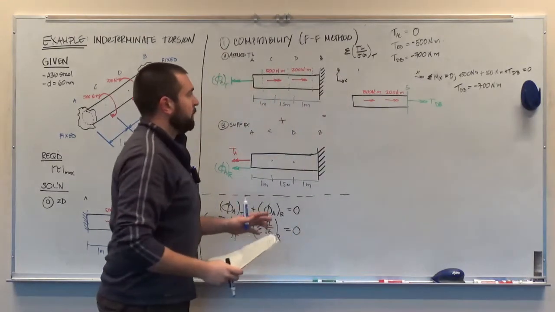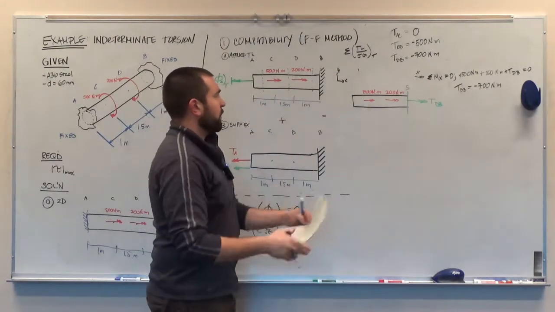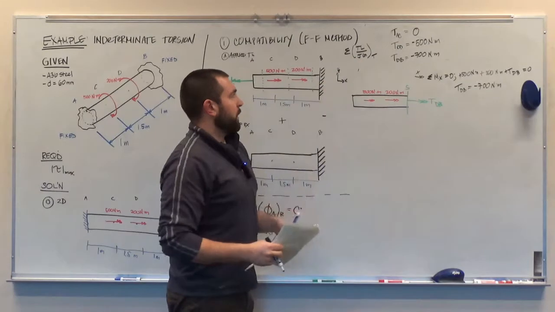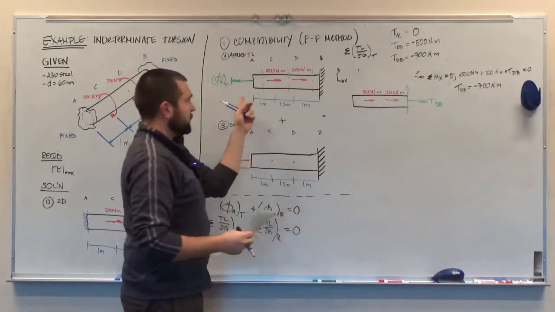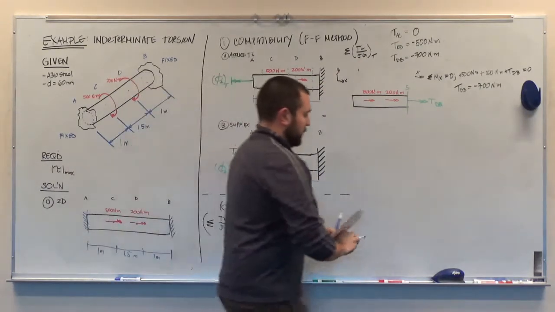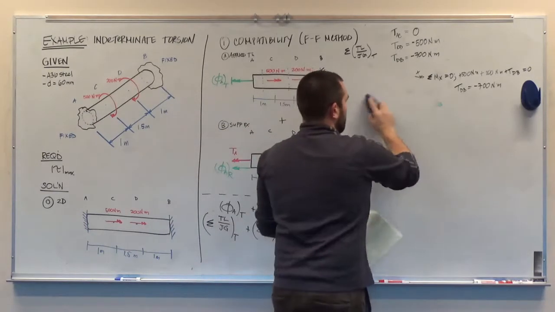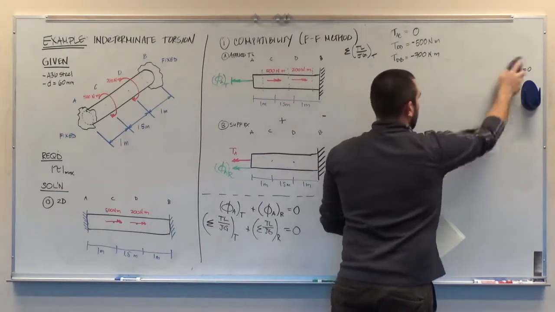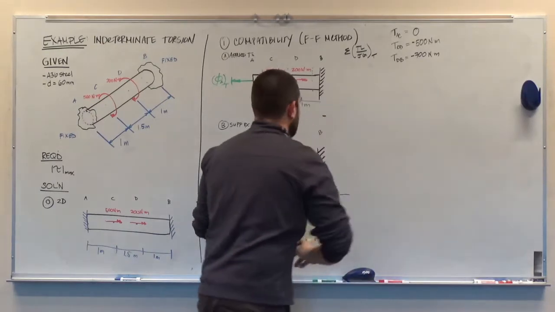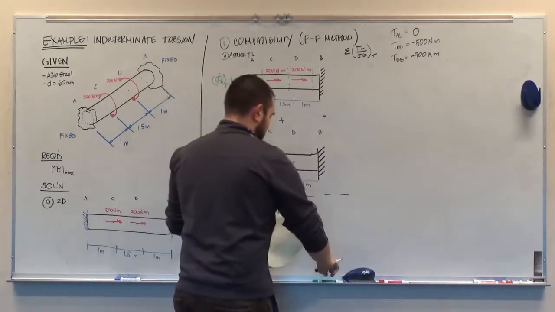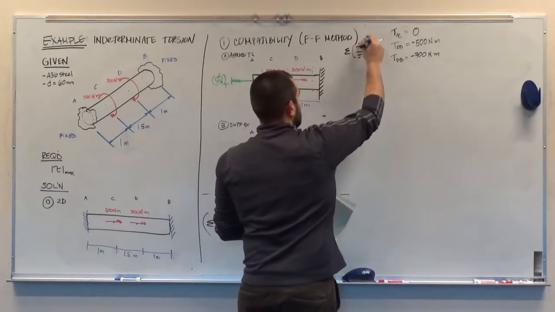And I have just about everything to solve my summation of TL over JG for this first loading condition. So I'm going to erase this free body diagram here. We have a couple minor calculations to do before we can run that equation. So we have all of the T's, all the torques.